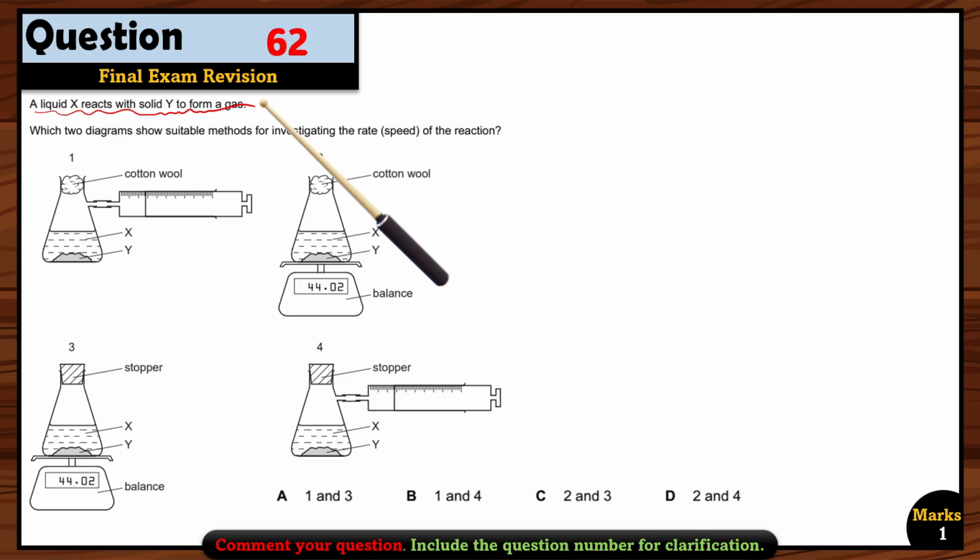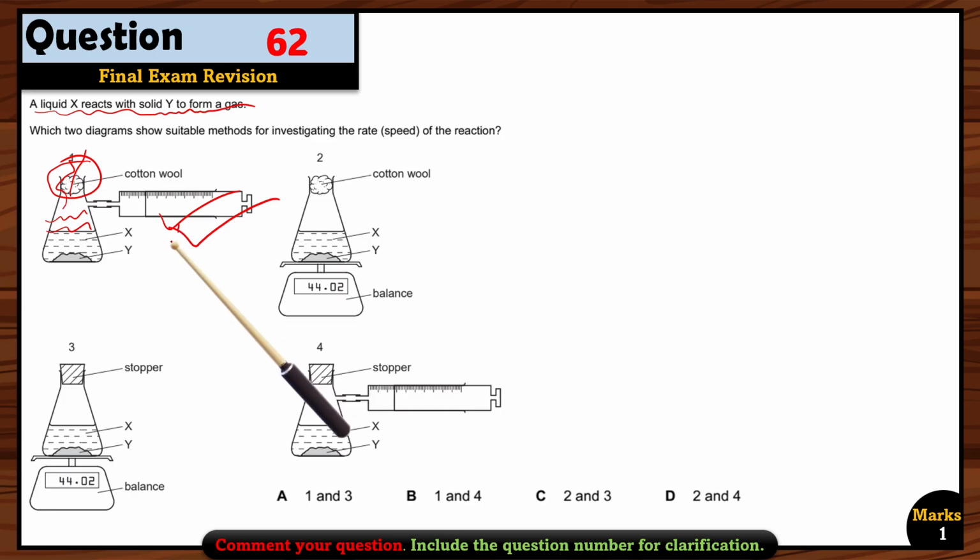So now you are measuring a product that is a gas, so your apparatus should also be suited to that. But if you see, when you are measuring a gas, everything should be closed, so all the measurements should be right. When the gas is formed, what will happen? Some of the gas will escape over here, right? When it escapes, you cannot get the right volume of your product. So it means this apparatus is wrong. You cannot measure the exact volume of your product at a specific time because they have not used a cork here.